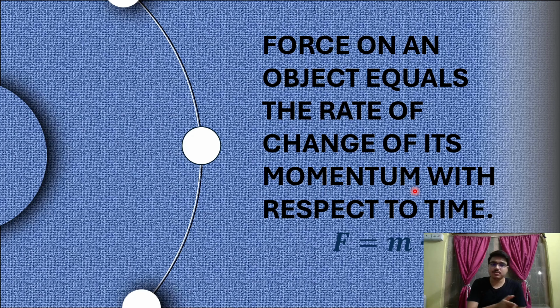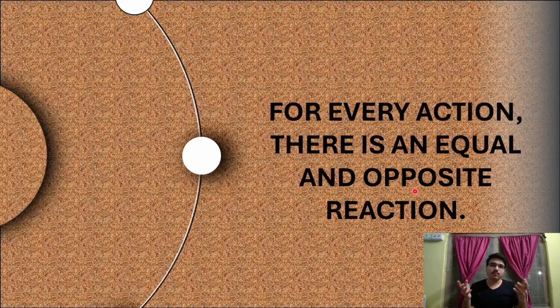The second gave us a quantitative aspect of force, a measurable definition of force as the product of mass and acceleration. The third, the famous law that for every action there is an equal and opposite reaction, helped us understand the phenomena surrounding force.